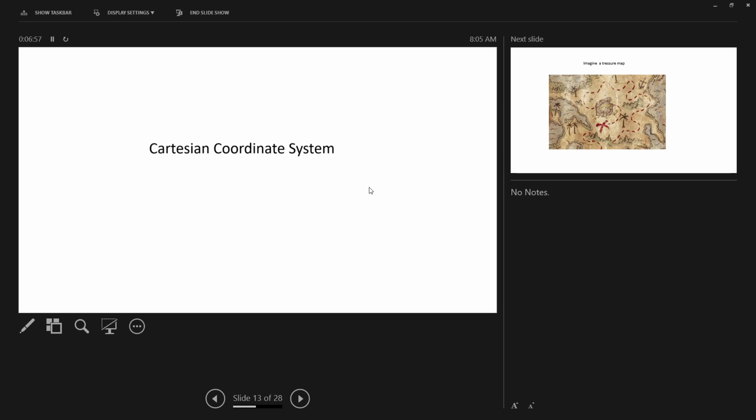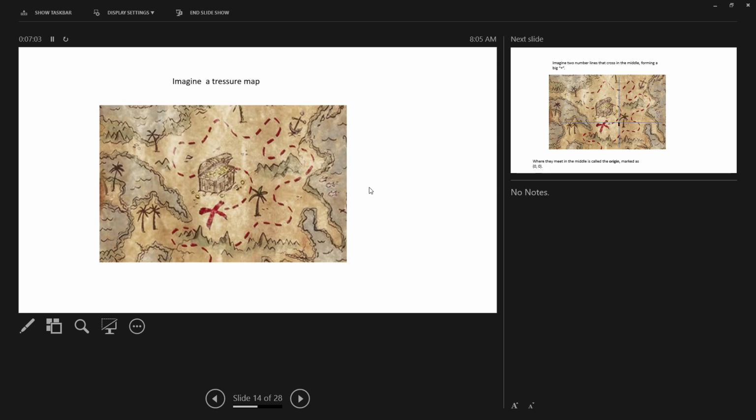Now we go to define Cartesian coordinate system. So imagine a treasure map. Imagine two number lines that cross in the middle, forming a big plus. Where they meet in the middle is called the origin and is marked as 0, 0.